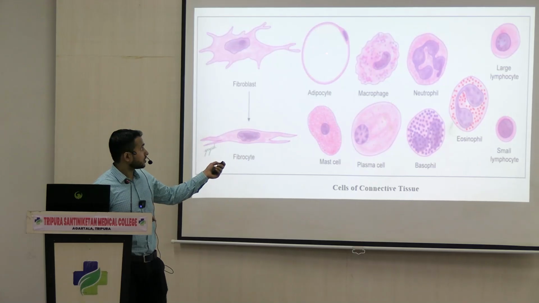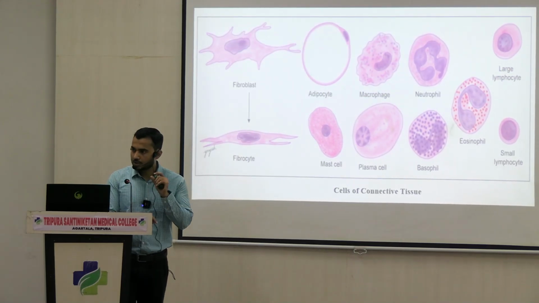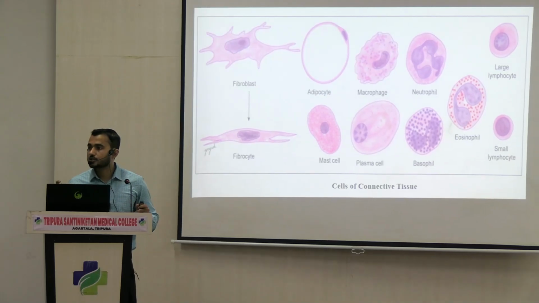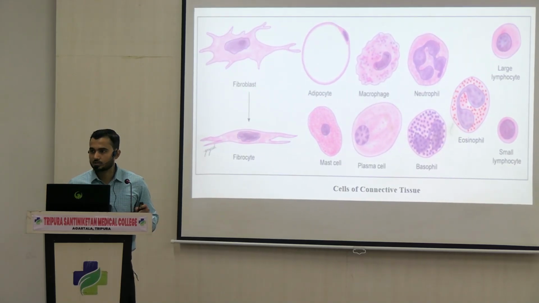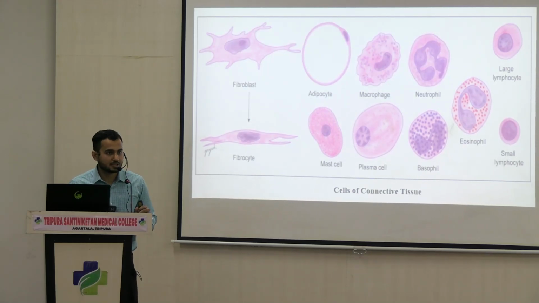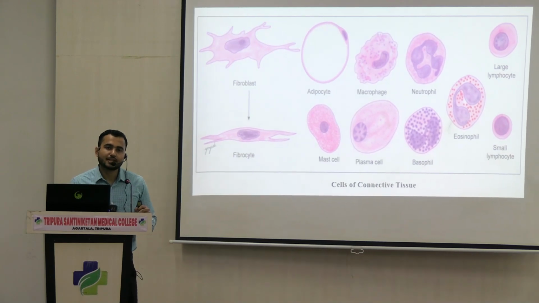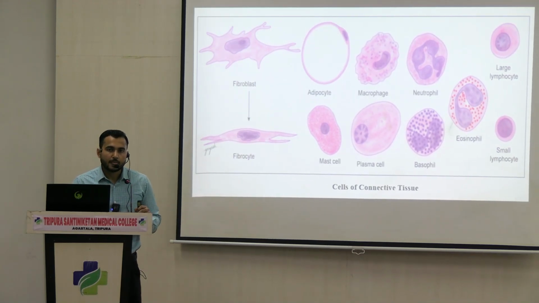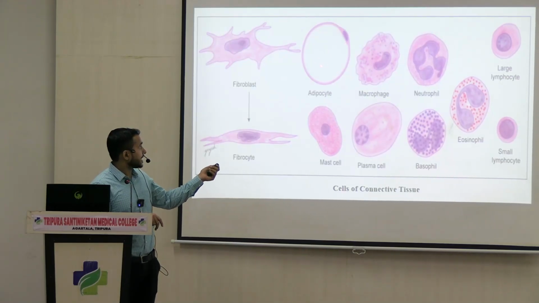The appearance is almost similar. The appearance of the fat cell under the microscope is called signet ring appearance. You have to use those terminologies whenever you are writing the answer, to get good marks. Okay? Now, why is the signet ring appearance there? If you see the cell, can you see it is empty?